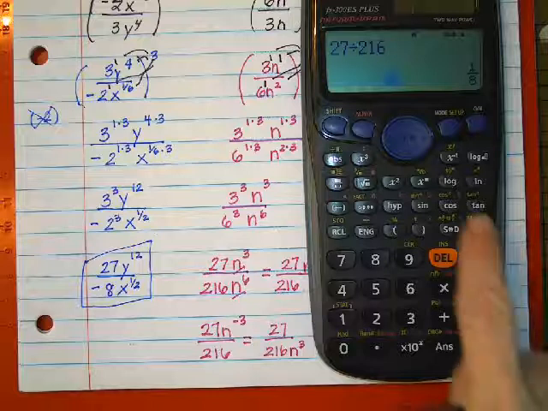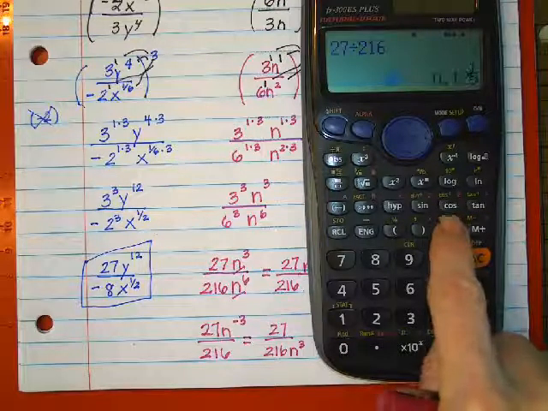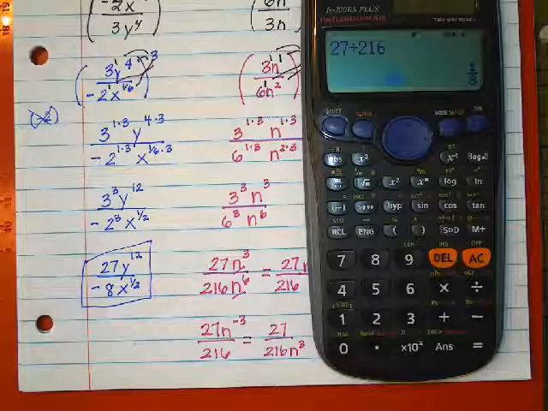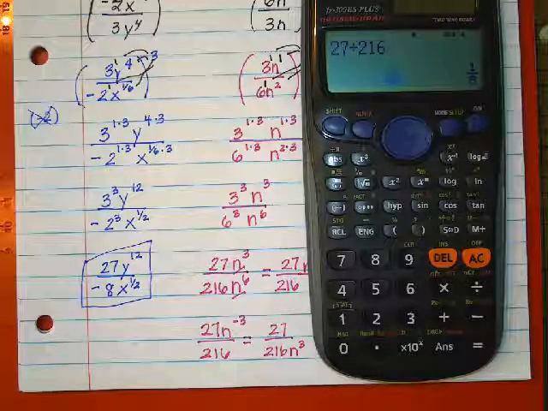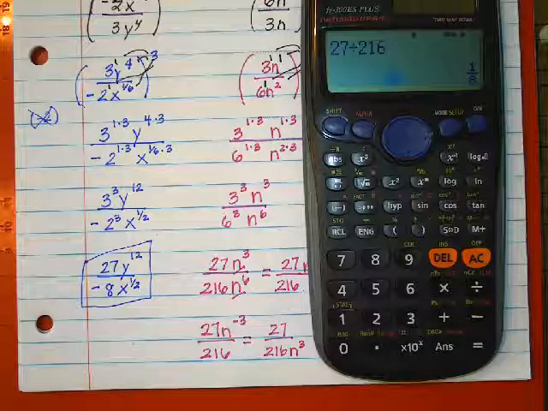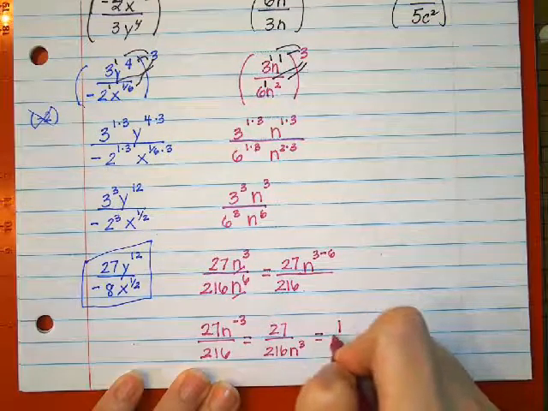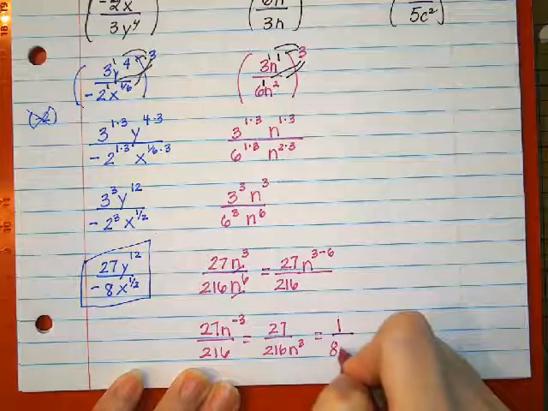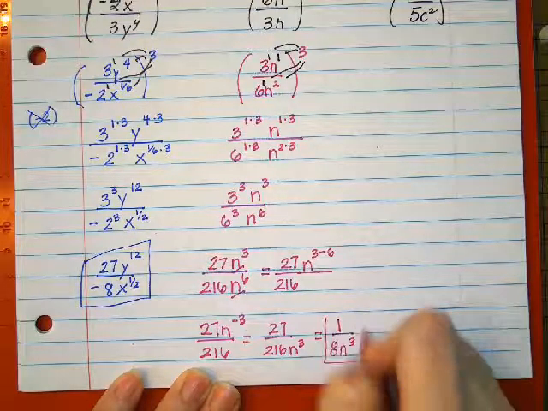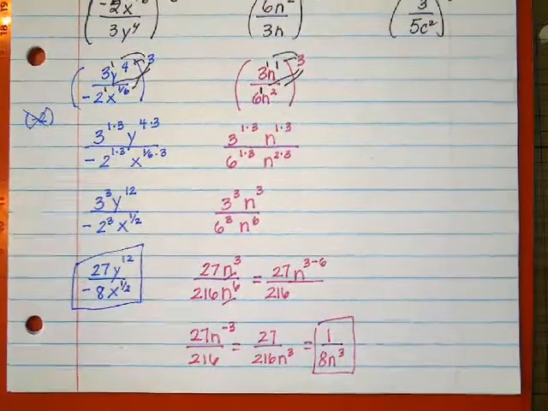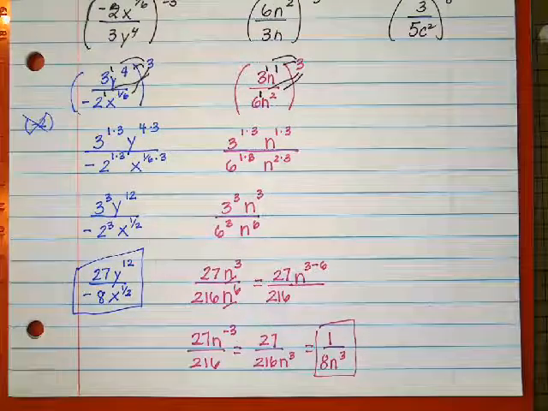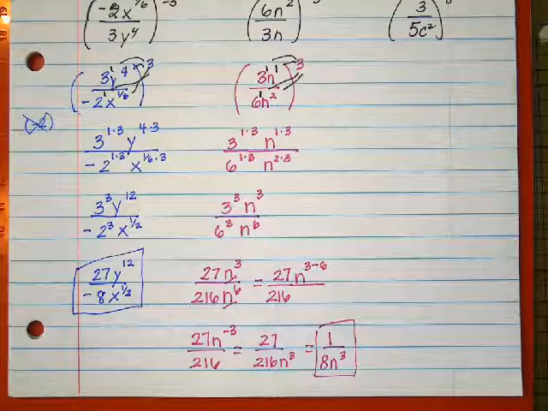Some of your calculators may give you 0.125, which is the same as 1/8. And again, you can use that fraction calculator on calculator.net that will help you out. This reduces to 1/8. This becomes 1 over 8, and then my n to the third. Final answer. I know that was a little tricky one, and there was a reason why I did it, because I wanted you to be able to see how that problem worked.